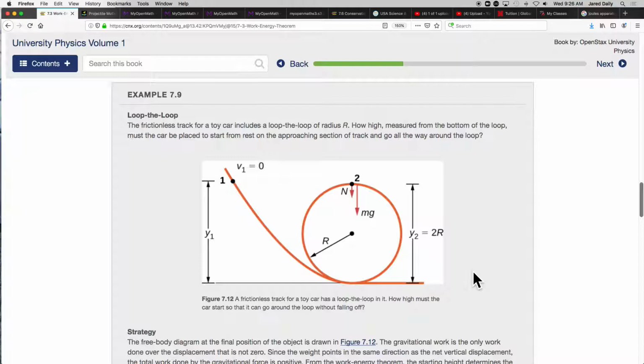Now, some of those energies may have unknowns in them. You may not know, for example, the speed of the particle at the top of the loop, so you may not know its kinetic energy there. You may not know its height at the beginning, so it's a variable, right? If that is the case, then you just write out the energies with variables.